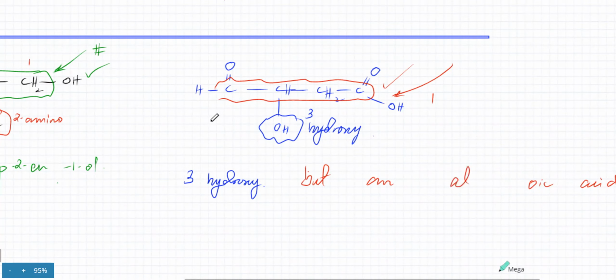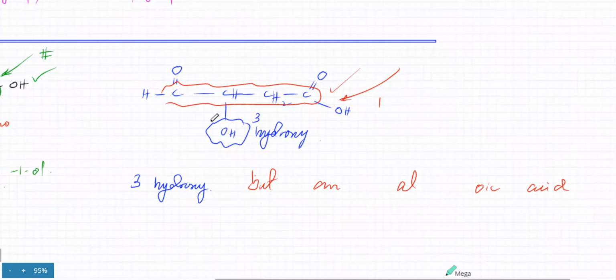If this is number 1, the aldehyde would be at position number 4. So it's going to be 3-hydroxy-4-oxo-butanoic acid, with the al suffix. Remember, a molecule can have multiple suffixes: its name could end with oic acid, and it could also end with al at the same time. Is this clear? Yes, clear.